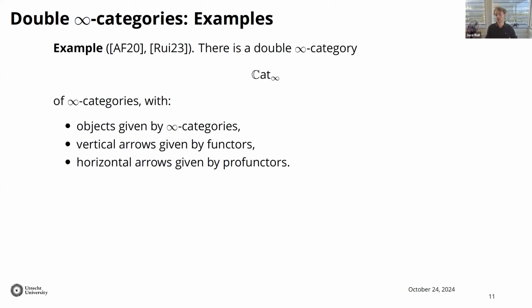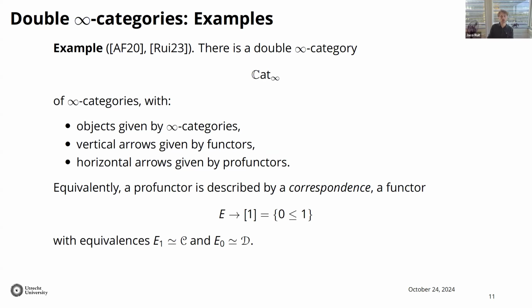For double categories it's slightly easier, but for double infinity categories, you really have to define a simplicial object in Cat infinity and then show that a Segal condition holds. So this is usually quite complicated, but one trick that is really useful when you want to construct this is viewing profunctors as certain correspondences.